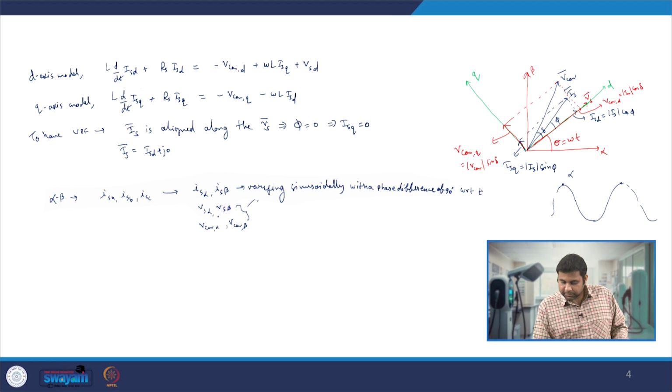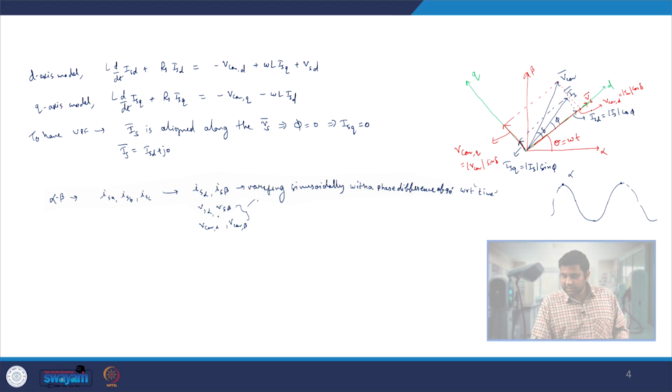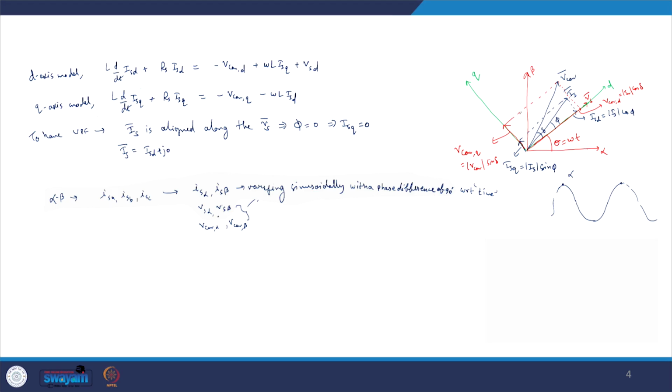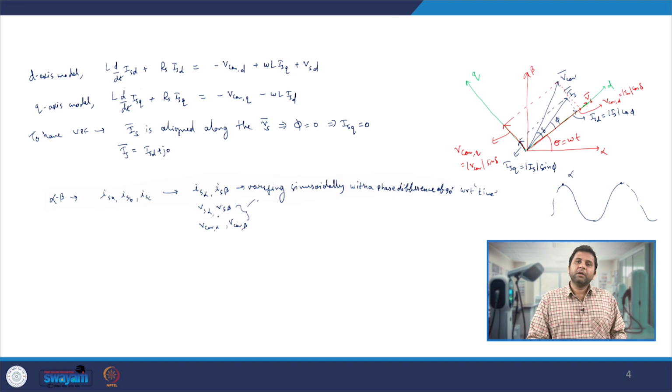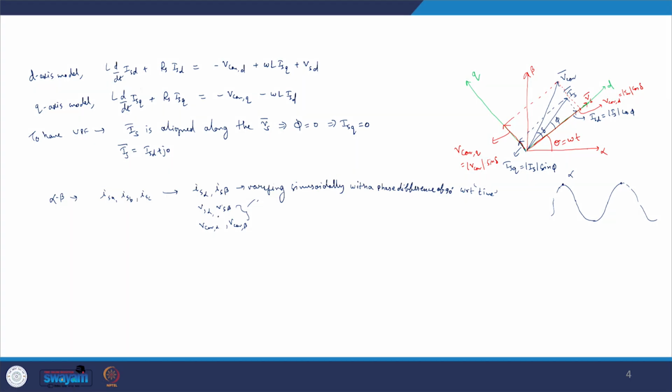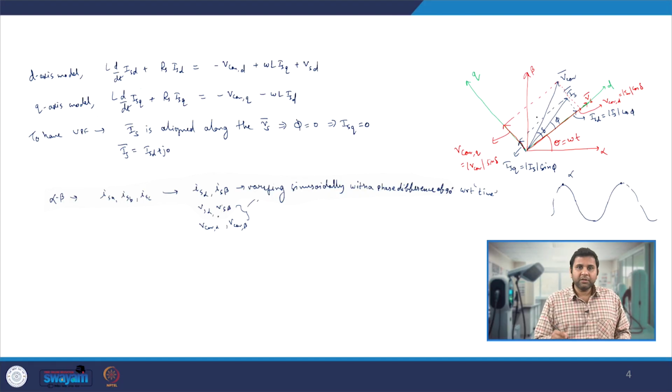Why with respect to time? Here we are talking about space, and here we have converted the information from the space to the time domain. Why are we saying time domain? Because we assume that this space vector is rotating with omega equal to 2 pi fs, corresponding to the line frequency. That means our ABC quantities are also varying with the same frequency fs with respect to time. So we can correlate that space with respect to the time.